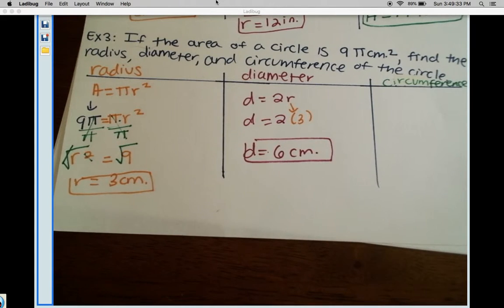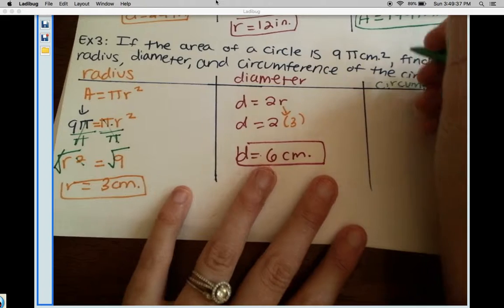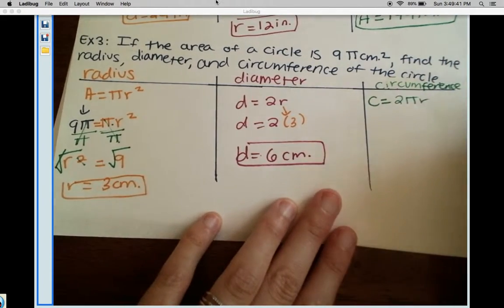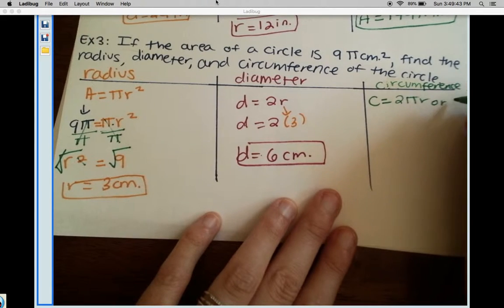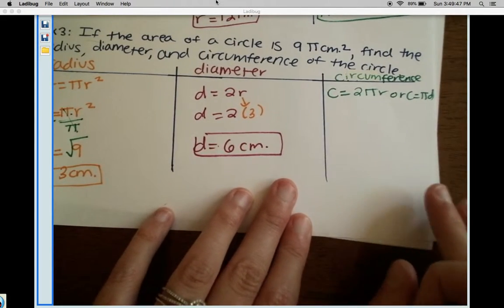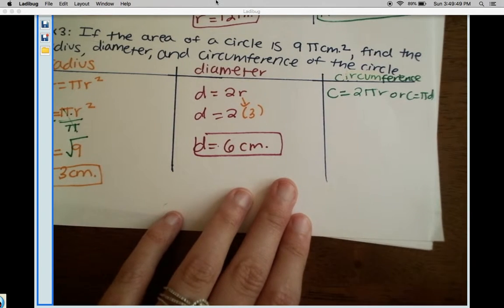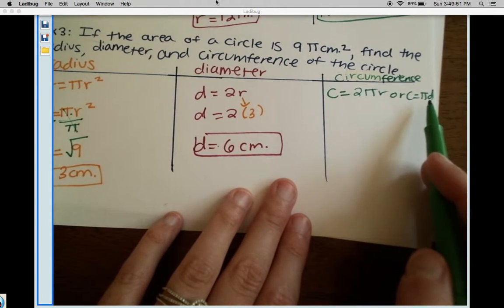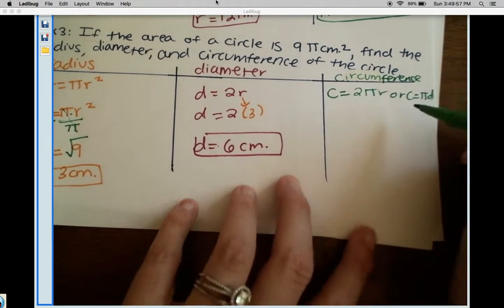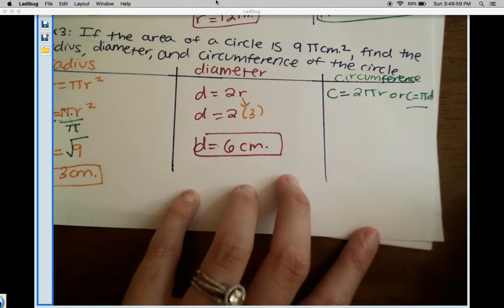Okay, there's 2 ways you can do this. There's 2 versions. Circumference is 2 pi r, or the circumference is pi times the diameter. So you can use either of these formulas to help you find circumference. In my opinion, this one's easier because it's just pi times the diameter, then you're done. But you could do either, which I'll explain why they're equal in a moment. So I'm going to be using this one because in my opinion it's easier.